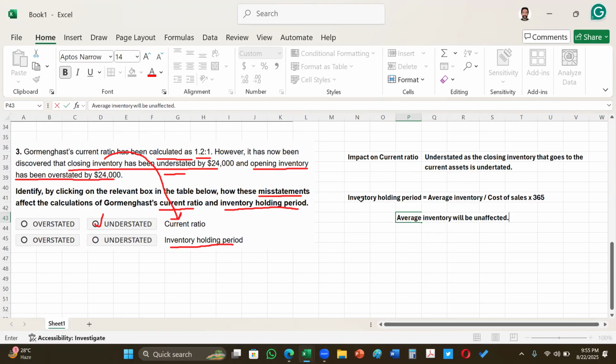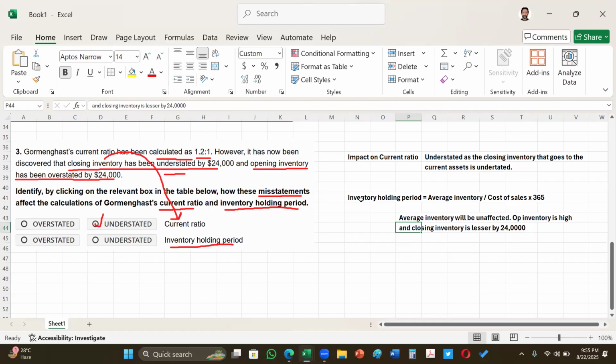Okay, I hope you understand why. Because the opening inventory is high and closing inventory is lesser by 24,000. So this really is not going to have an impact by 24,000.